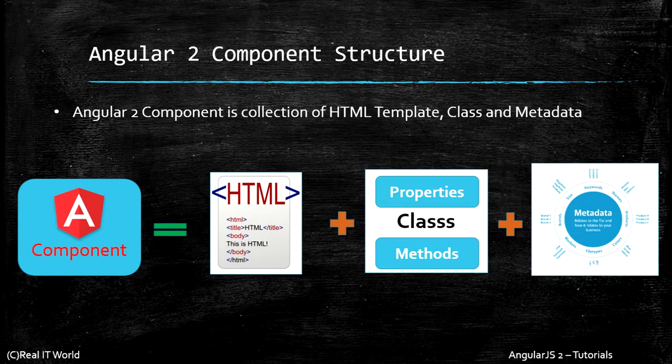If you want to find out properties or methods or business logic, the component's business logic, or model binders, or data elements, we can find that with the class. Then if you want to find out extra information, metadata, we can find that with metadata.